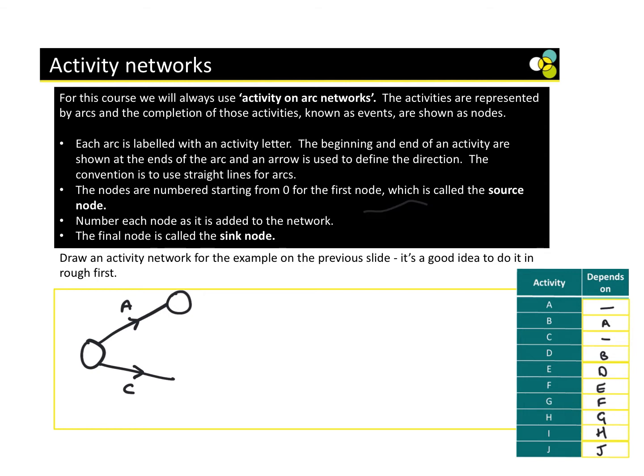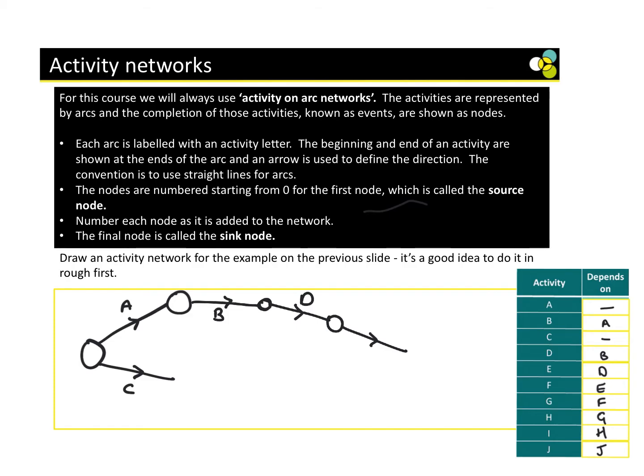So, what depends on A? B. So here's B. Okay, then my next one. Does anything depend on B? D. Okay, does anything depend on D? E. Oh, can you see where I'm going wrong?